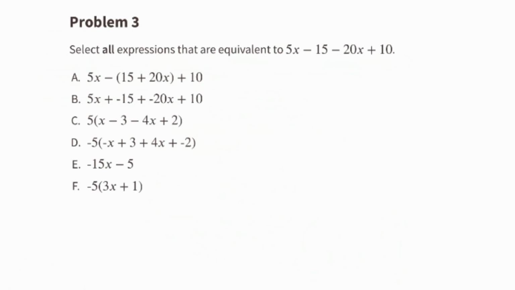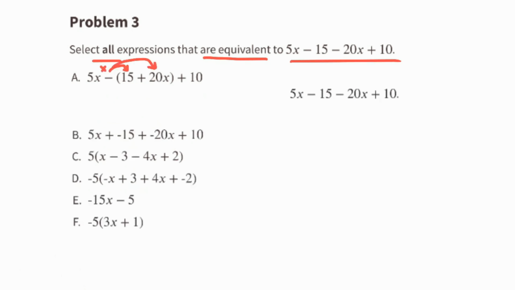Problem number 3. Select all expressions that are equivalent to 5x minus 15 minus 20x plus 10. A. A negative times a positive is a negative, and a negative times a positive is a negative. So we can rewrite this as 5x minus 15 minus 20x plus 10, which is equivalent to the original expression.